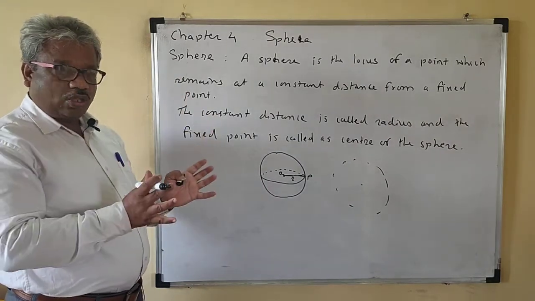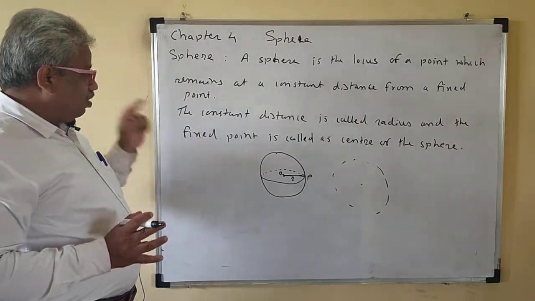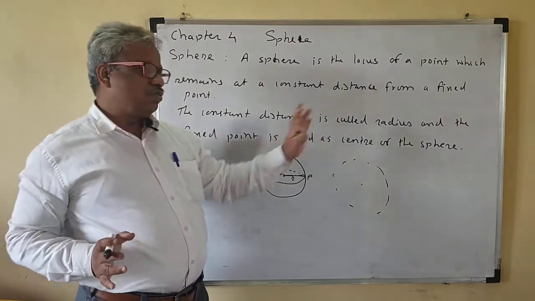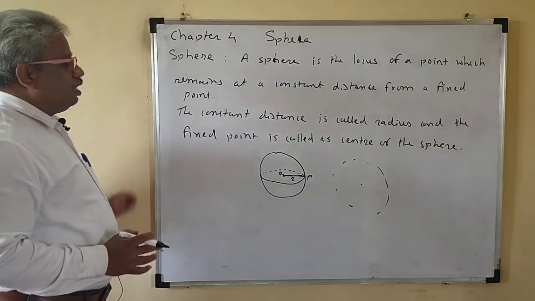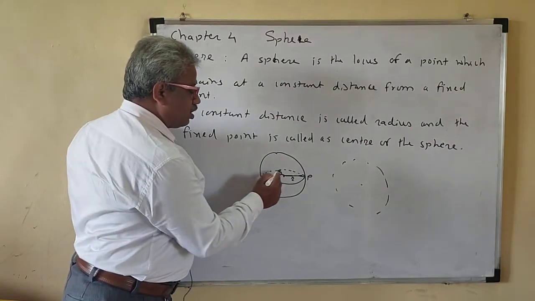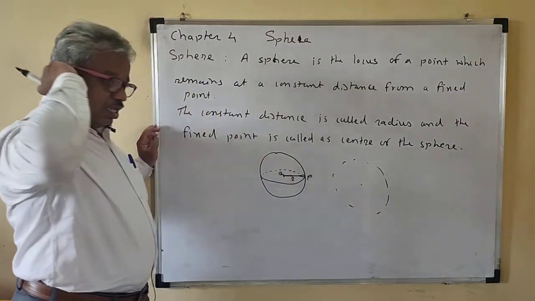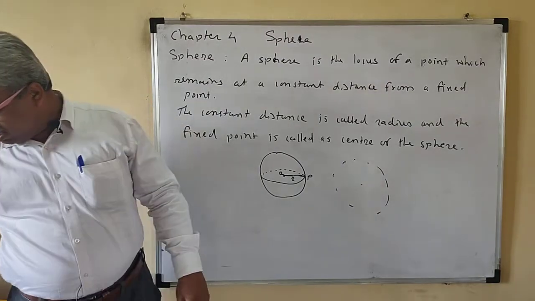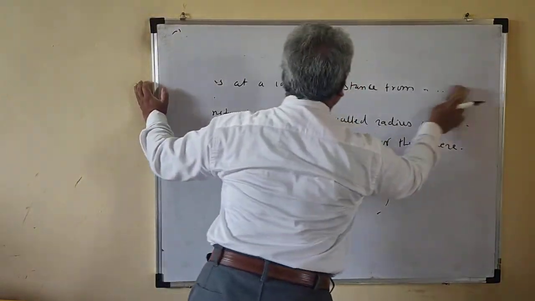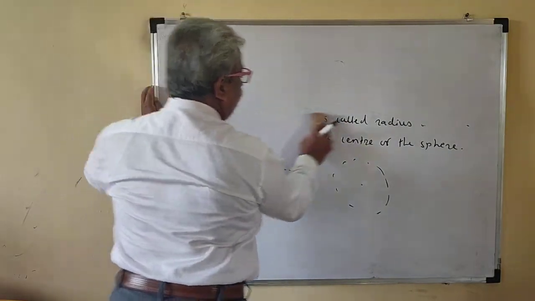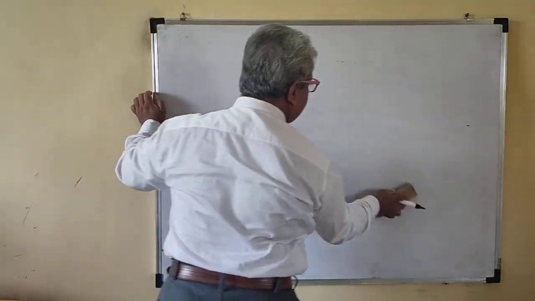It is just like a ball. The constant distance is called the radius of the sphere, and the fixed point is called the center of the sphere. Now we'll see how to find the equation of the sphere when the radius is provided to you.